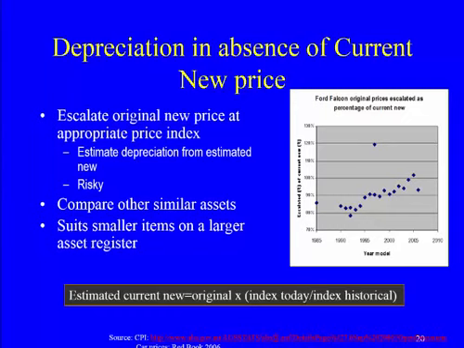we find that applying the prices new historically and then escalating them in this way seems to undervalue them, as we can see in the graph on the right hand side. In this graph you can see that if we escalate the new price that was paid for a Ford Falcon in 1985 up to 2006 values, we underestimate the current new price by about 15%.